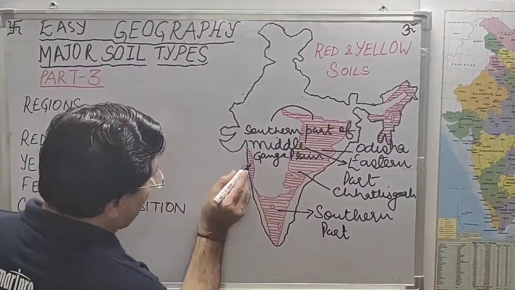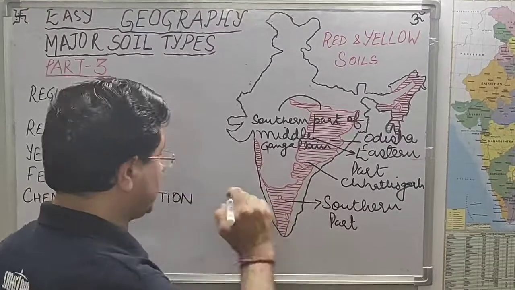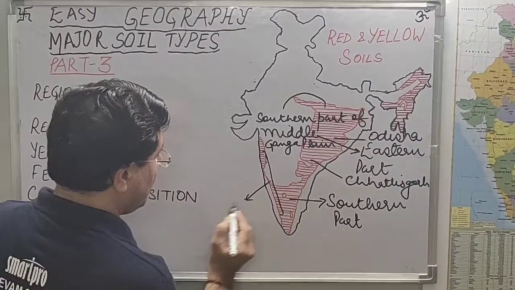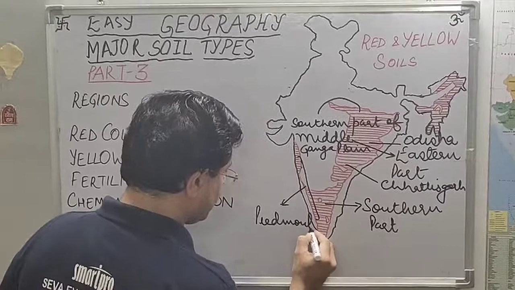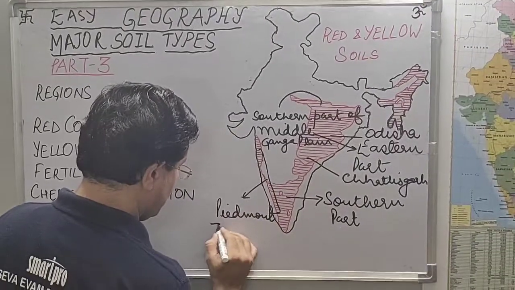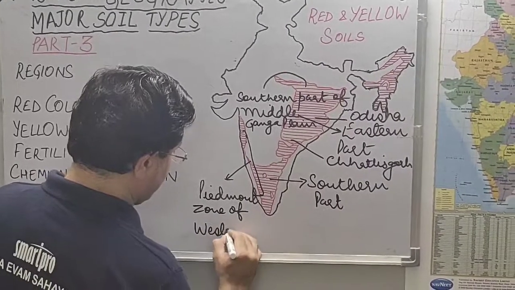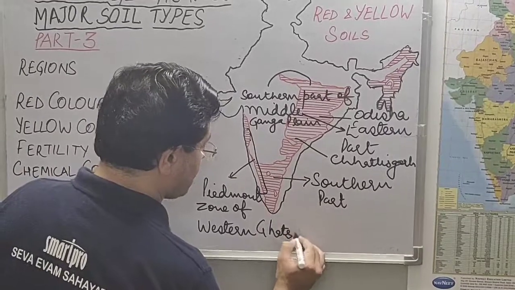So this area is the Piedmont zone of the Western Ghats. All these areas are where red and yellow soils are found.